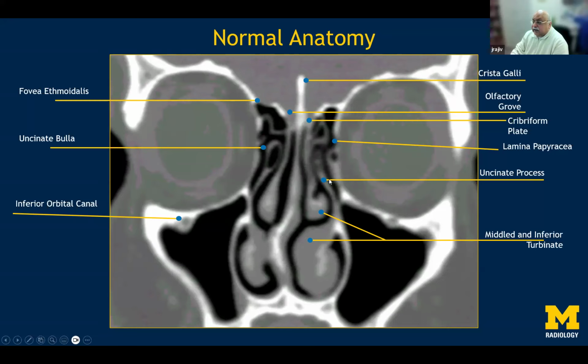But having said that, this uncinate process is important, and this is the first thing which the surgeon would try and remove so as to widen the egress of the secretions from the maxillary sinus. The opening of the maxillary sinus is bounded by this thin channel, which is termed as the infundibulum.